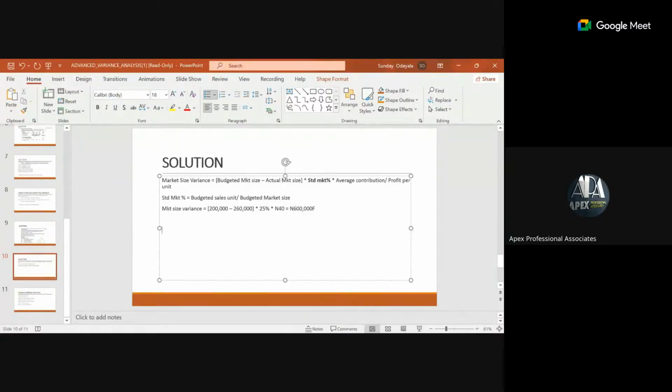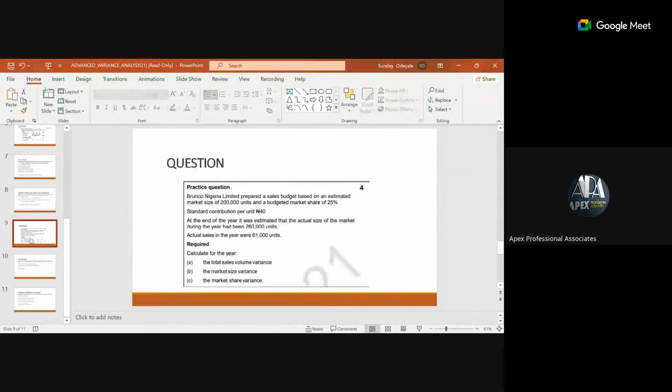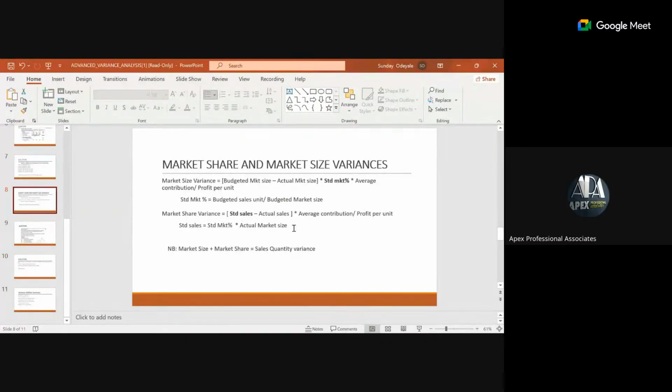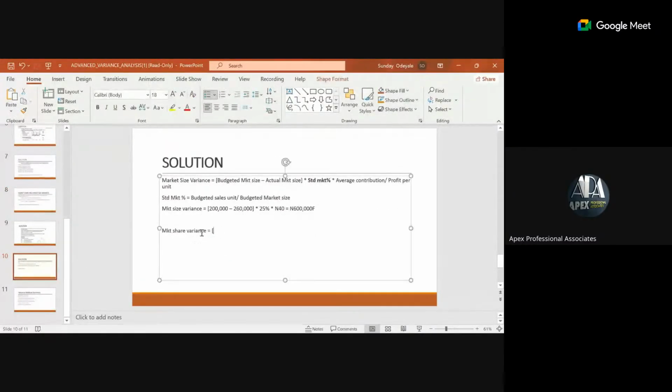That is for that. Then market share variance now is going to be, what do we call it again? So we said, okay, I want to bring the formula first. So we can go ahead to calculate our standard sales first.